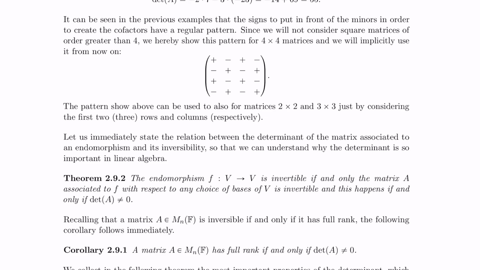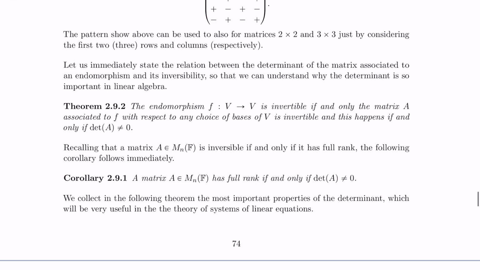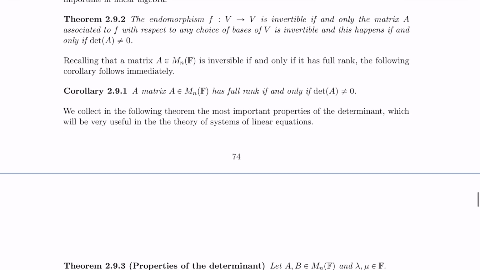Now that we have defined the determinant of a square matrix and how to compute it, let's see why this concept is so important in linear algebra. Take any endomorphism F on the vector space V, then we know that F is invertible if and only if the matrix A associated to it with respect to any choice of basis of V is invertible.